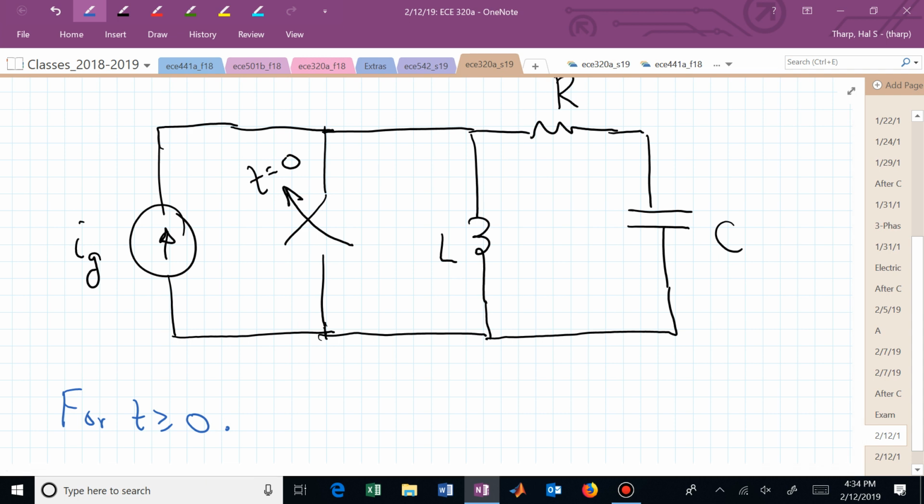And based on our discussion before, you can start to anticipate. So after time t equals 0, we don't even have to worry about that switch branch. It's gone. It's opened up. And we then have this new circuit that has a current source driving this combination of L, R, and C. It's in parallel with that inductor.